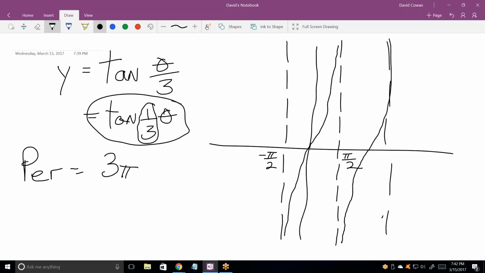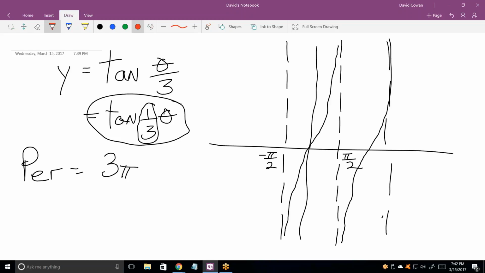And what that does to my curve is I have to stretch it in both directions from the y-axis. I can't just stretch it to the right. So the way I really stretch it is I draw in red my new asymptotes.